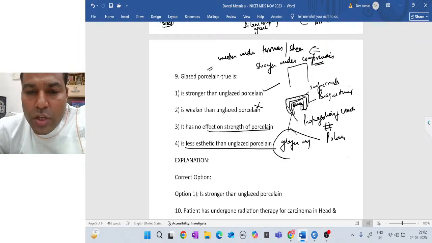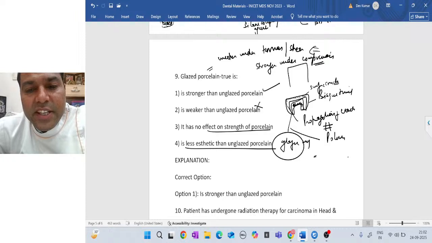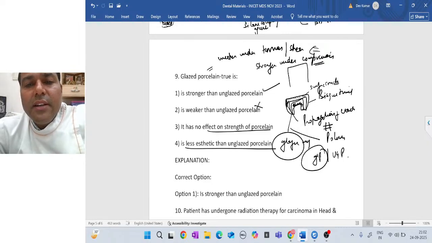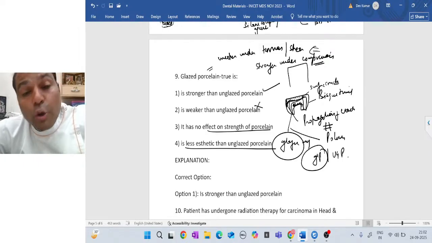So here the question is about glazing. So glazing, if I compare between the glazed porcelain and the unglazed porcelain, definitely the glazed porcelain, because it will fill all the irregularities and the cracks, it has to be stronger than unglazed ones. It cannot be weaker than the unglazed porcelain.